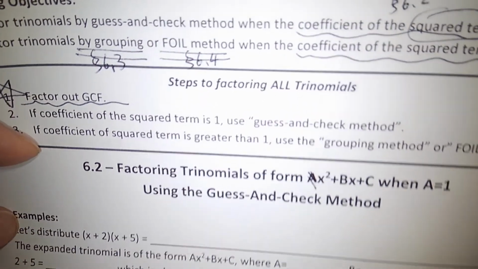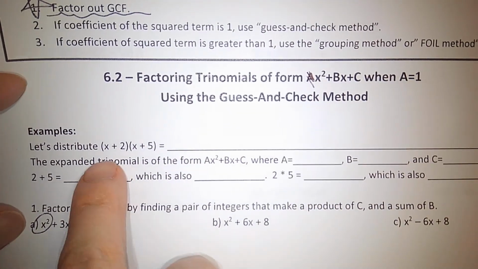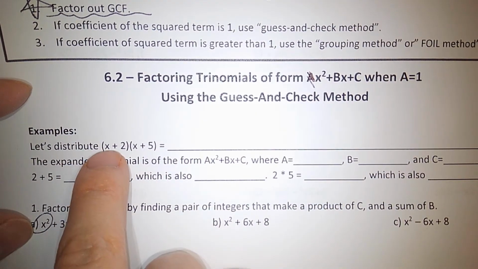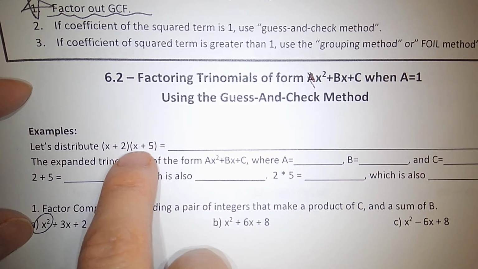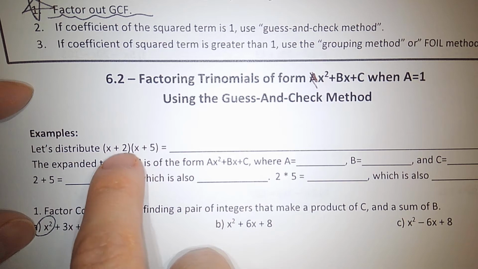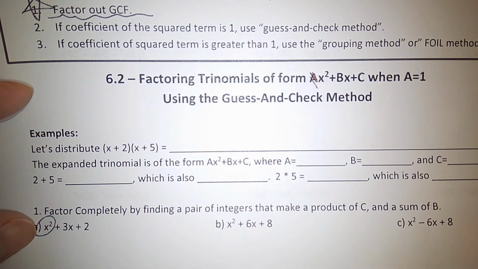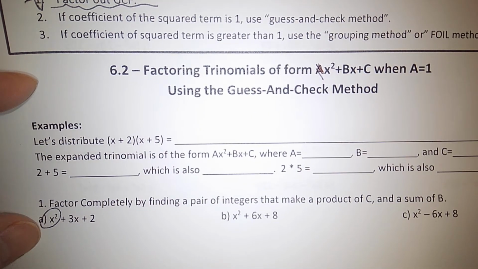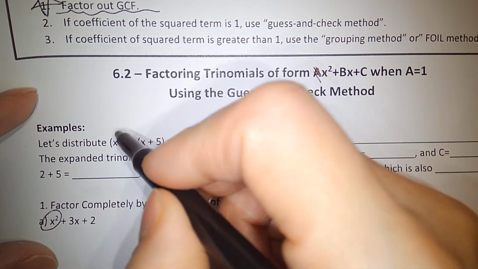Okay, alright, so now let's look at the example. Now we're not factoring, we are multiplying. How can we multiply x plus 2 by x plus 5? How can we distribute this? What should we do? Remember the FOIL method?